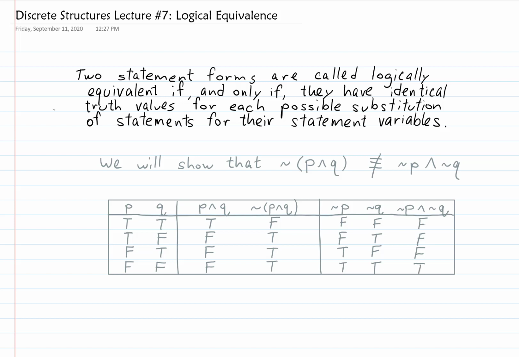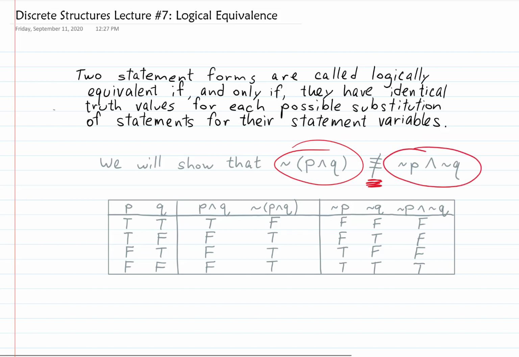Okay? Now, to show that this statement form is not logically equivalent to this statement form, what we do is we compare these two columns and we see that those two columns don't match.